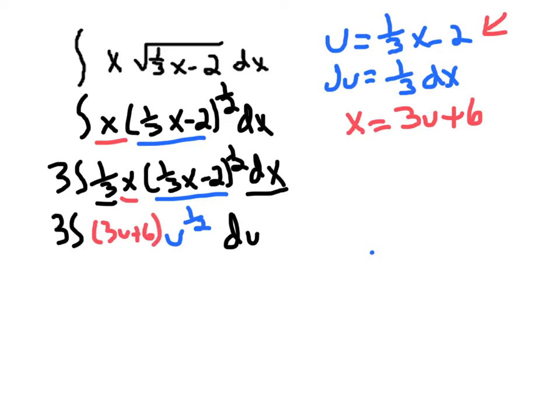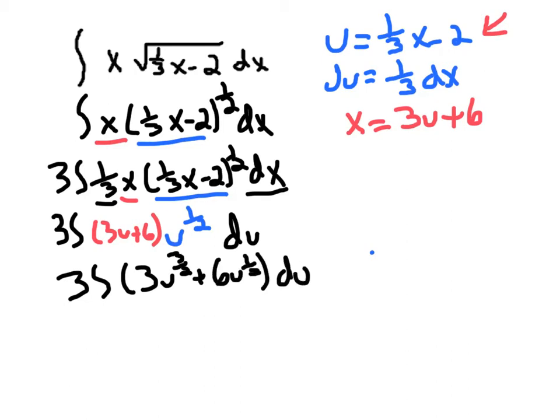So I can rewrite the whole thing as 3 times the integral of, I'm distributing now, 3u to the 3/2 plus 6u to the 1/2. And I can integrate that pretty easy.